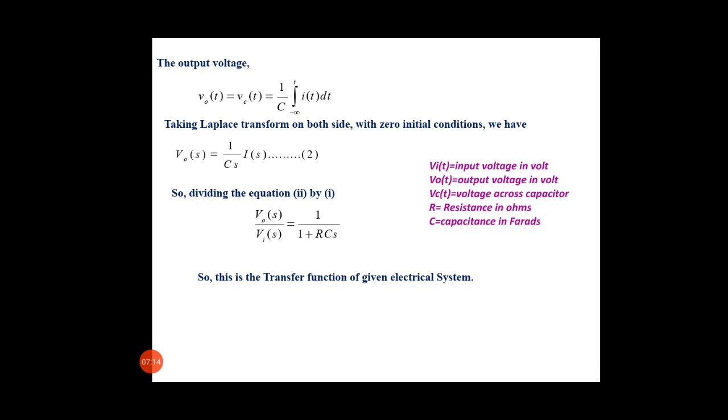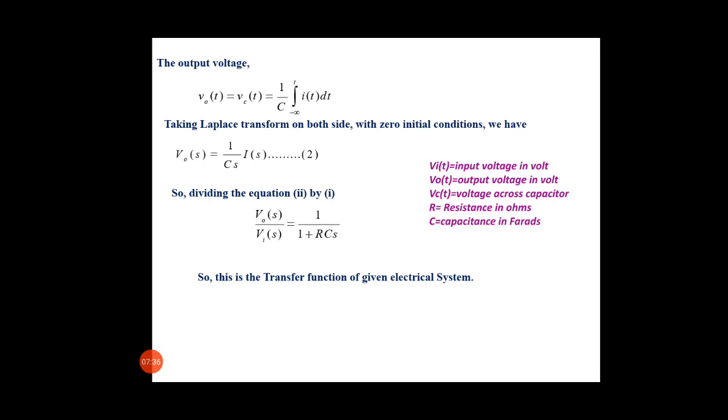Now, dividing equation 2 by 1, after dividing the output transform by the input transform, we get V0(s) by Vi(s) equal to 1 by 1 plus RCs.